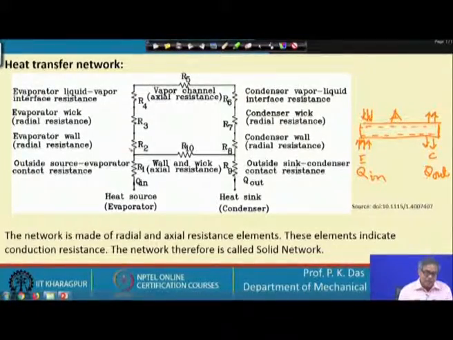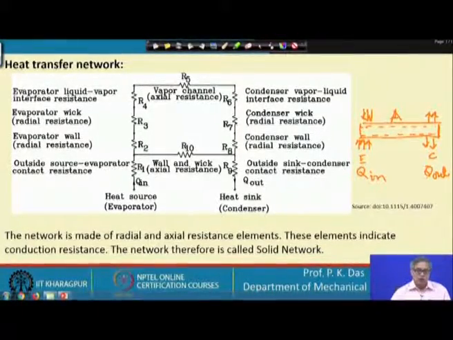How is the heat moving? From the evaporator wall, heat is moving in the radial direction, then to the evaporator wick, also in the radial direction. Then it goes to the evaporator liquid-vapor interface, again in the radial direction, and then through the vapor channel there will be some sort of axial conduction.